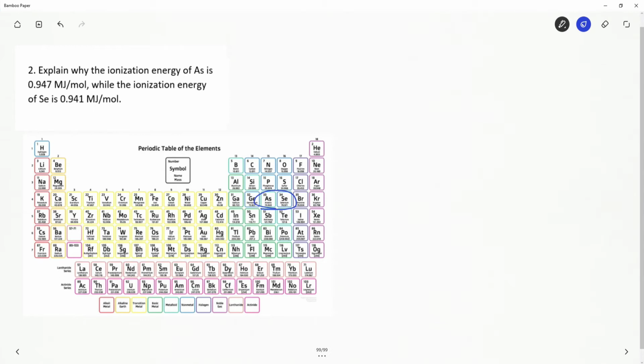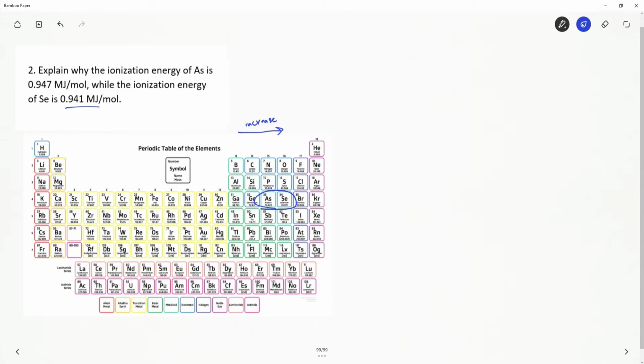I know that ionization energy ought to increase as we move left to right. However, arsenic and selenium definitely break this trend because selenium's ionization energy is lower than that of arsenic. So why would it be easier for selenium to lose an electron as opposed to arsenic?